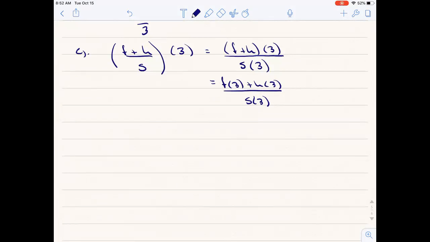I'll scoot over to give myself more room. F of 3, F was with 1, so anew, 3 squared minus 2 times 3 plus H of 3, that's a negative 6.